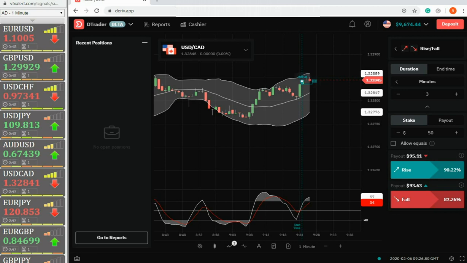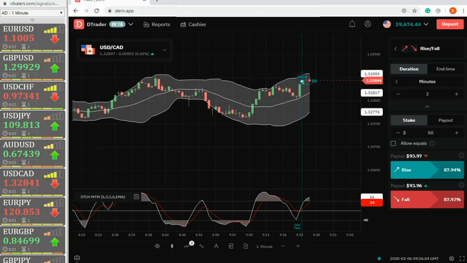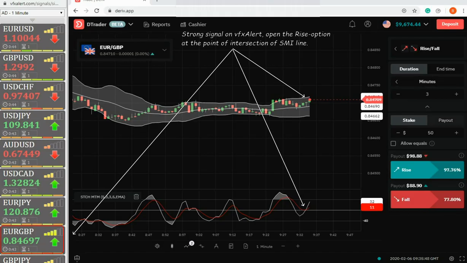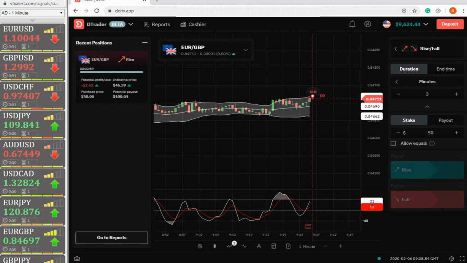The fourth option is closed with a profit. Euro-Pound. A strong signal on VfxAlert and the strategy confirms it. Open the rise option.